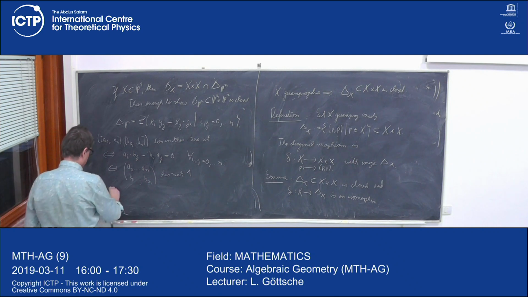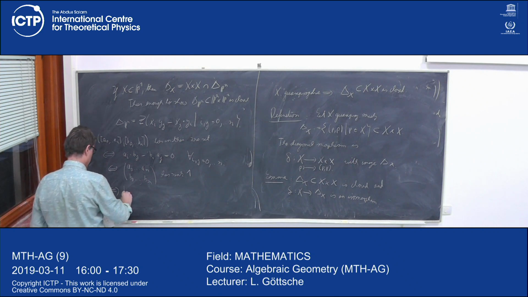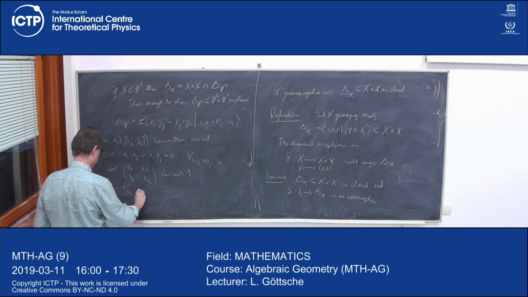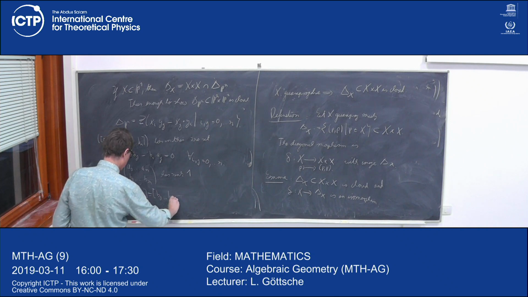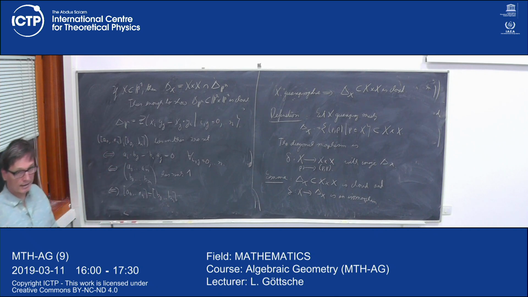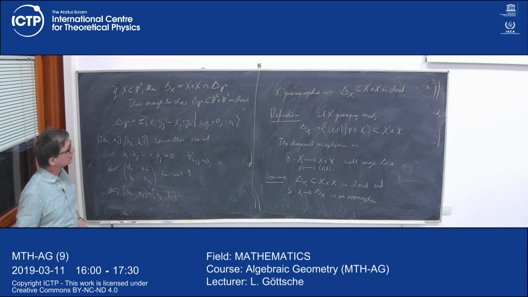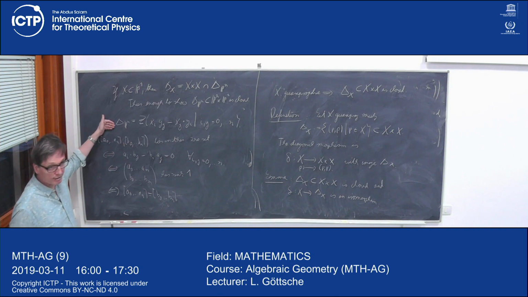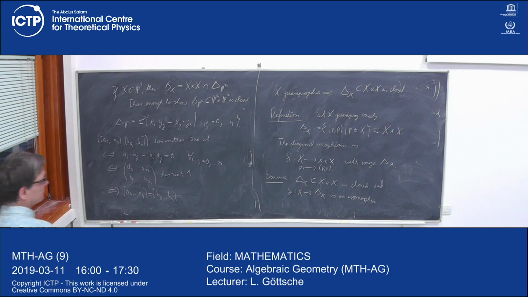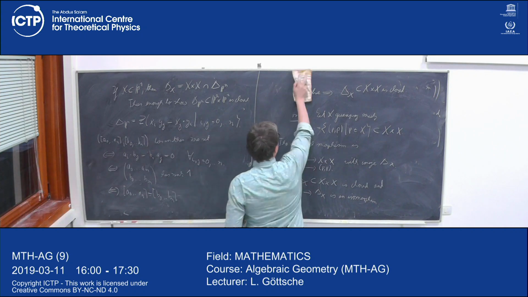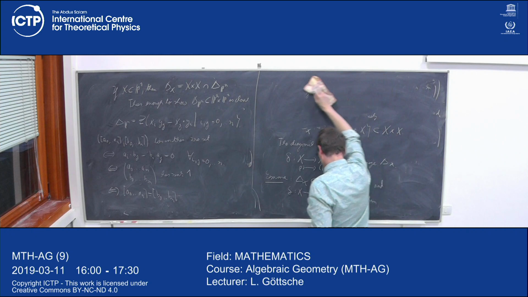And so this is if and only if this one is the same point in projective space. And so this means, in fact, that this was correct and this is a closed subset.